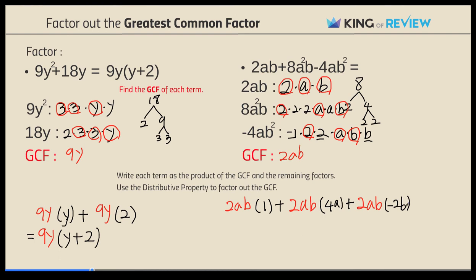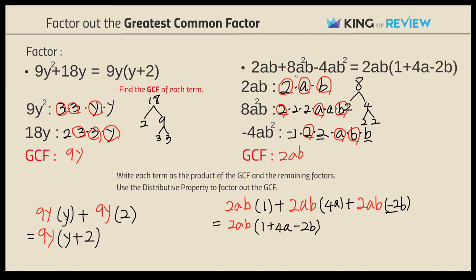Please remember that when you have a negative sign like here, you need to be cautious. Now use the distributive property to factor out the GCF. So this is equal to 2ab times (1 plus 4a minus 2b). So this can be factored to 2ab times (1 plus 4a minus 2b).